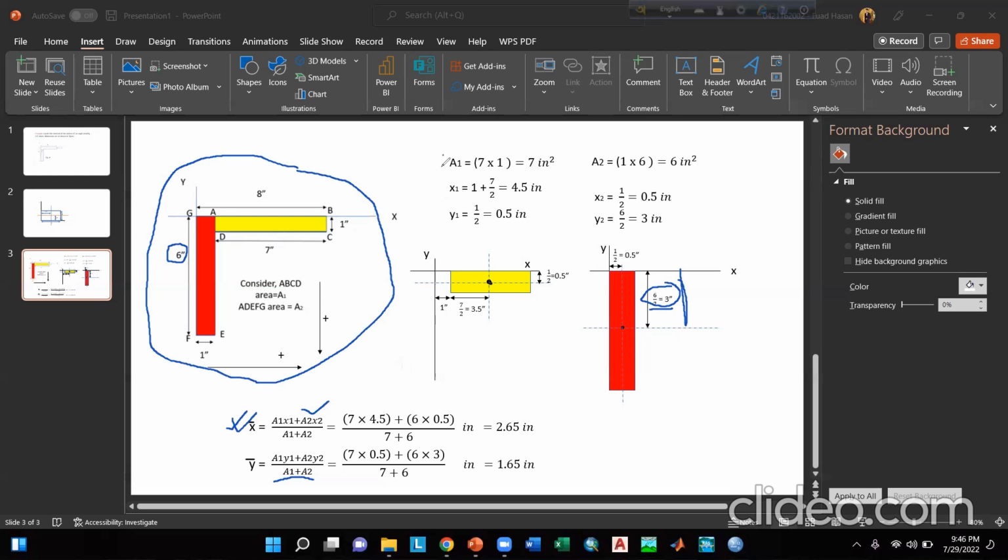As we have already calculated x1, y1, x2, y2 and A1, A2, we have to put the values here, and finally we will get the result x bar equal to 2.65 inch and y bar equal to 1.65 inch.